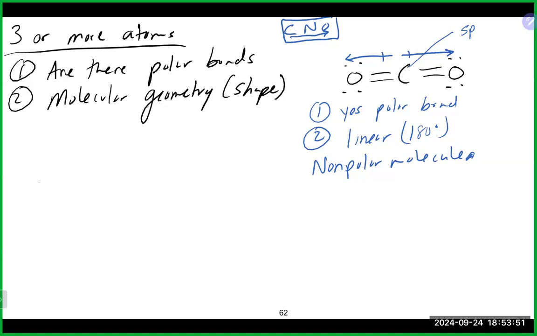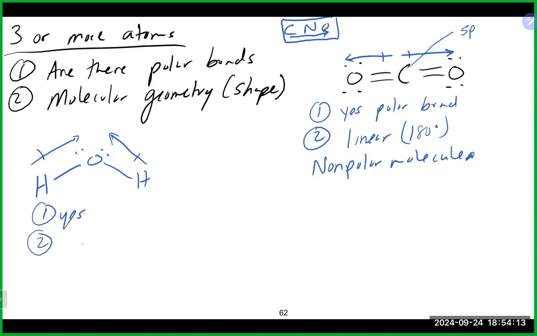Now, if we look at something like water, water also has polar bonds heading towards the oxygen in this case, right? And when we look at the molecular geometry of water, it is bent or V-shaped, right? It has how many electron pairs, the oxygen?